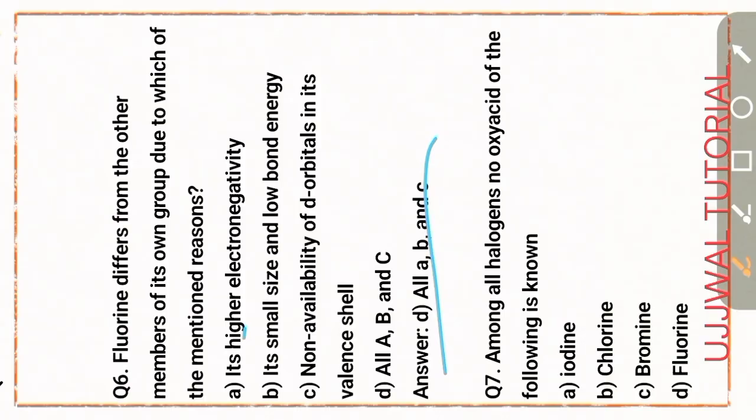The explanation is higher electronegativity, small size and low bond energy, and non-availability of d orbitals in its valence shell. Fluorine has atomic number 9, and its electron configuration is 1s2 2s2 2p5.